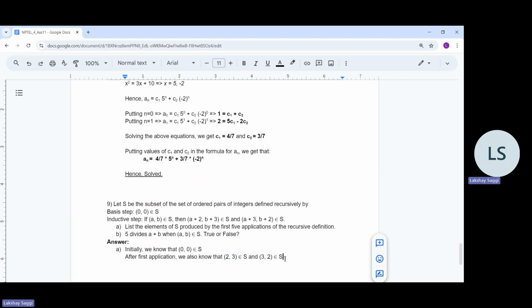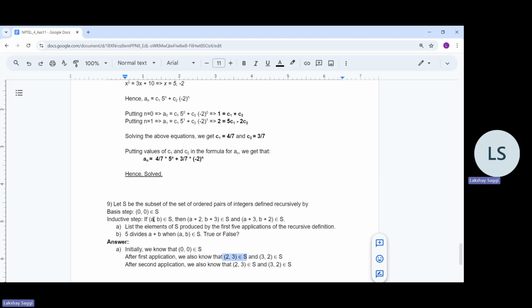Now in the second application, after the second application, what we know is, (0, 0) we already handled, and we already obtained (2, 3) and (3, 2), but now these are new elements. So in the second iteration, we can first apply this definition for the element (2, 3).